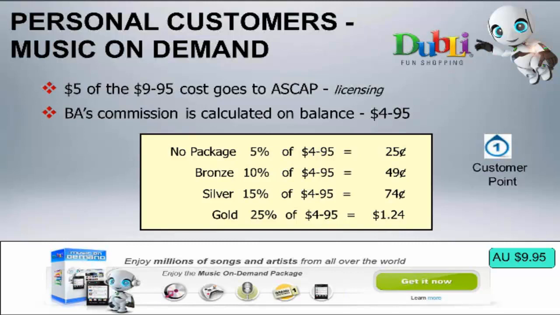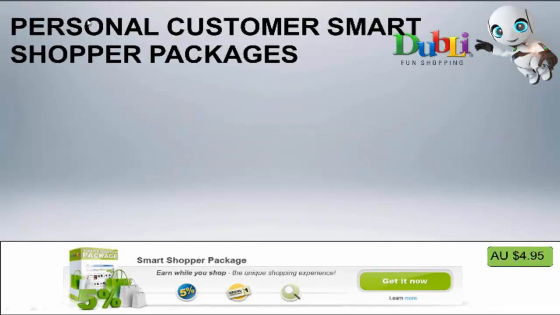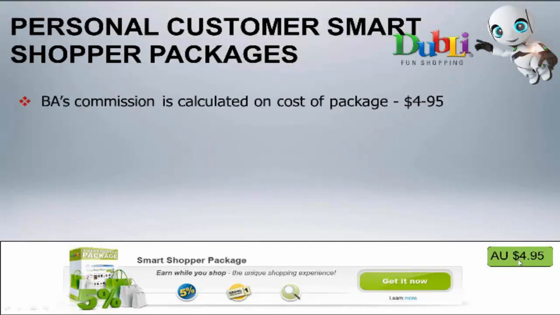The next one is your personal customers subscribing to the Smart Shopper package. Now, we know the Smart Shopper package is where the customer will earn 5% cash back for every purchase that they make in the shopping mall. We know that it will cost the customer $4.95 a month to subscribe to this package.